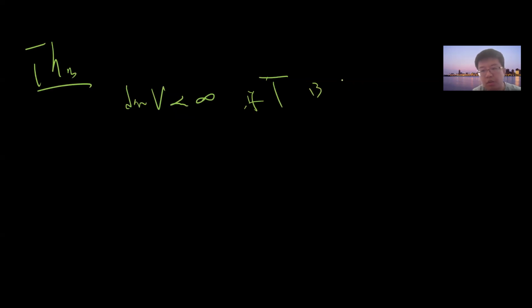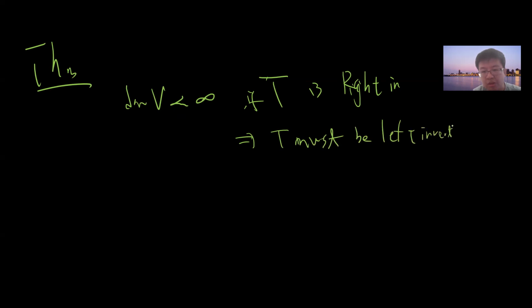Okay, so this theorem tells you that if you are in a finite dimensional vector space, and if T is right invertible, then T must be left invertible. So the proving idea also uses the polynomial.